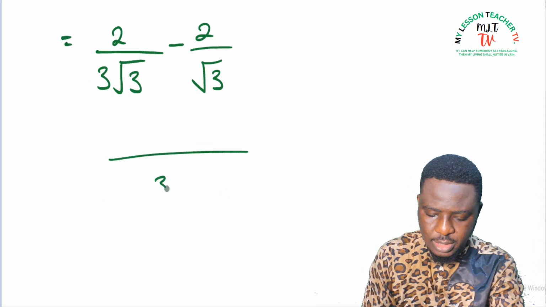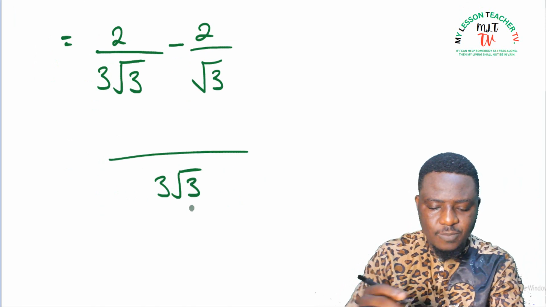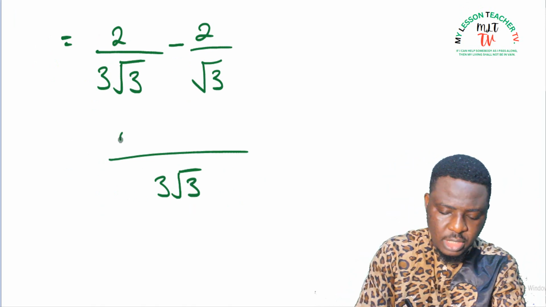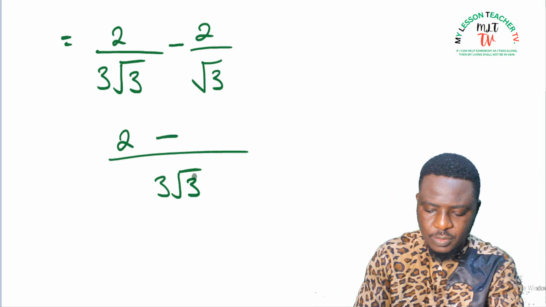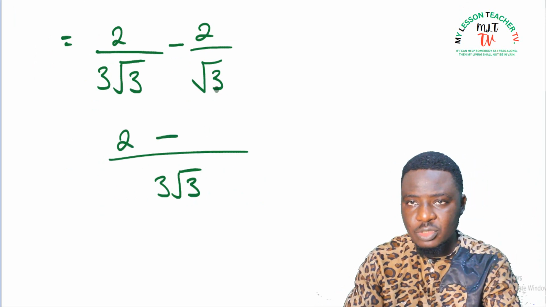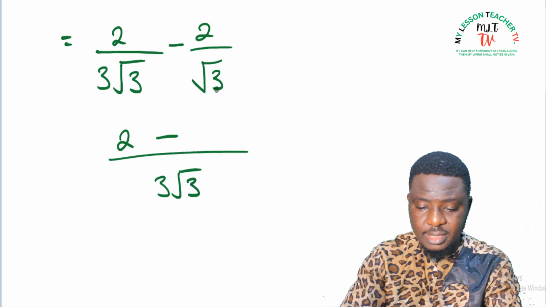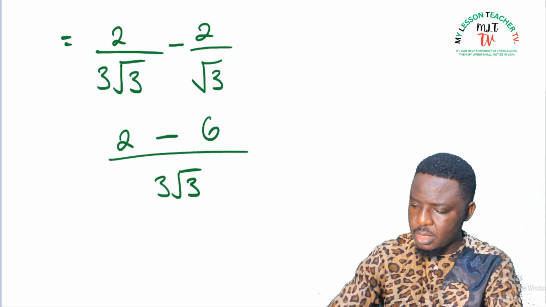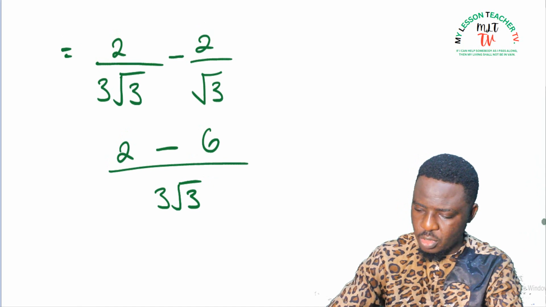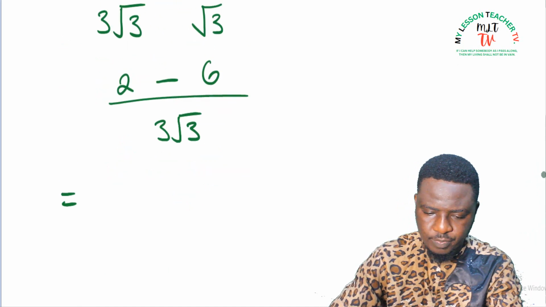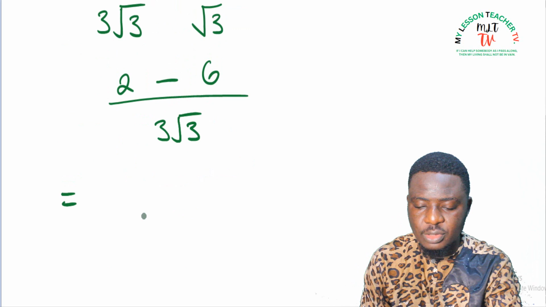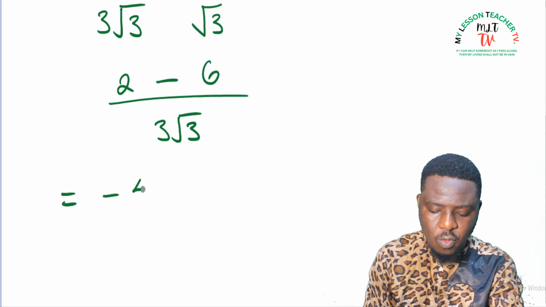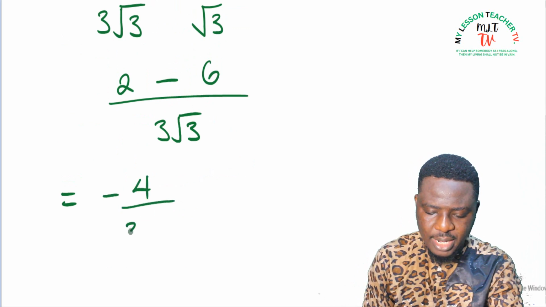So 3 root 3 divided by 3 root 3 is 1. 1 times 2 is 2, minus 3 root 3 divided by root 3 is 3. 3 times 2 is 6. Okay? So this gives us 2 minus 6 is minus 4 divided by 3 root 3.